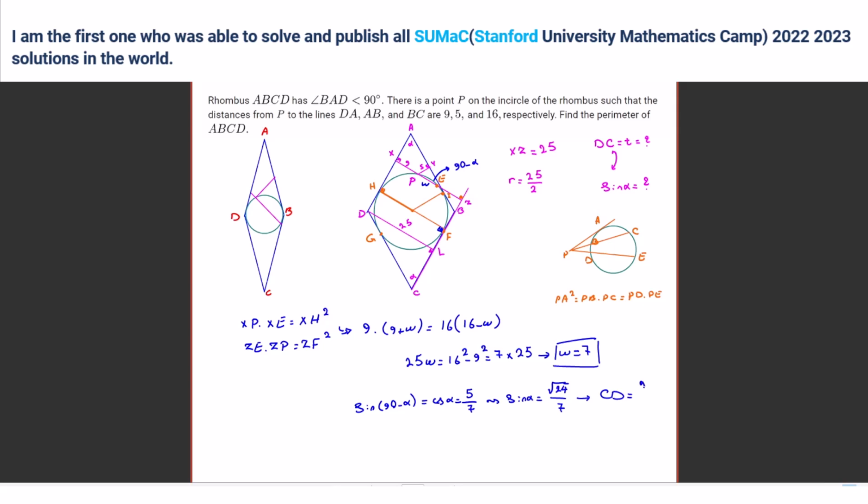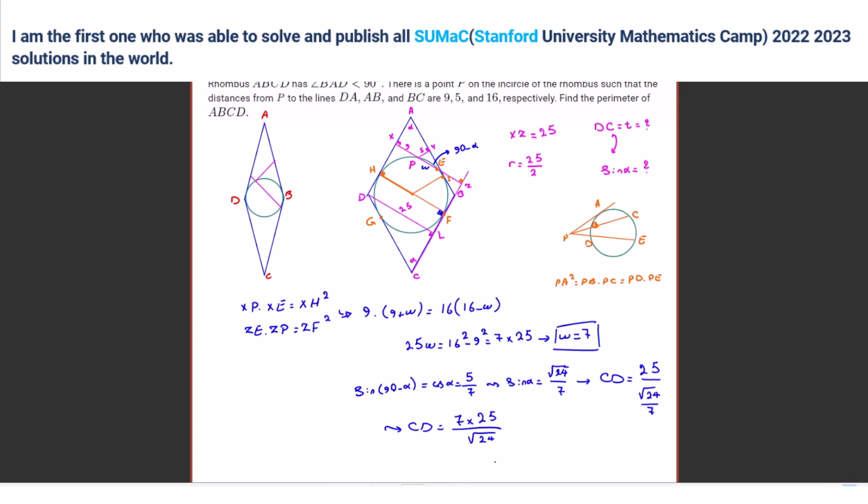Yes, 25 over sine alpha. So CD is equal to 7 times 25 over 20, right? Then we can say what? So that means 175 over 2 square root of 6.